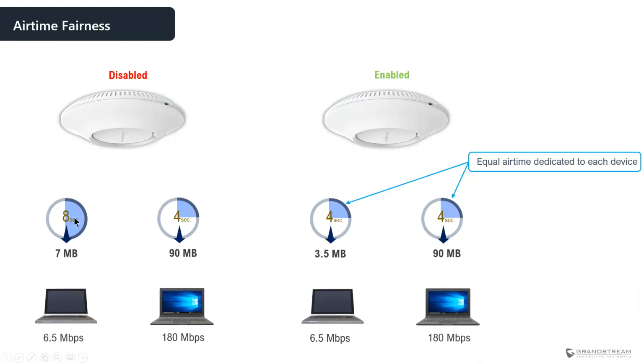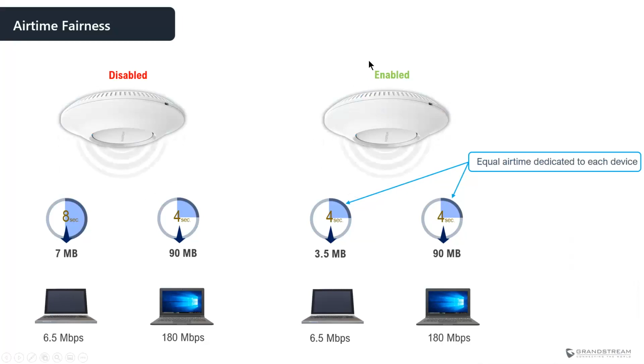In our example, these numbers are only for illustration purposes. This one will take 8 seconds to transmit 7 megabytes of data, while the high rate device, this computer, will take only 4 seconds to transmit 90 megabytes. So the high rate device will need to wait 8 seconds to resend whatever data it needs to transmit.